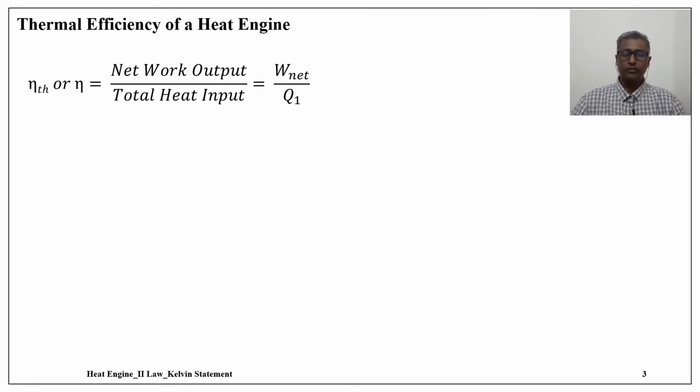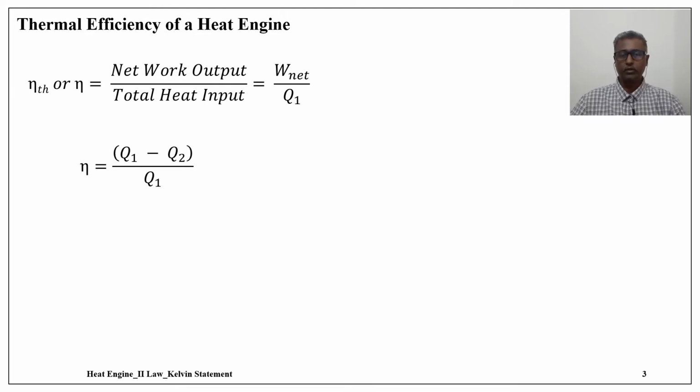The input is the heat we are adding at the boiler. What is the quantity that is added? It is Q1. What is the work produced? It is the net work, which is nothing but W_T, the turbine work, minus the pump work. This can be written as efficiency equals Q1 minus Q2 divided by Q1.